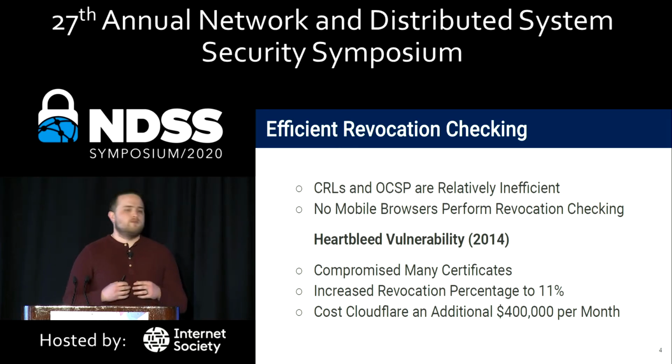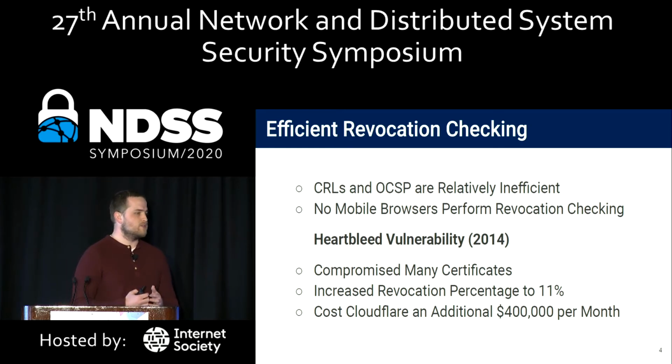There are a couple of primary concerns with these traditional revocation methods. The first is efficiency. CRLs and OCSP are relatively inefficient mechanisms. They are so inefficient, in fact, that no mobile browsers currently perform revocation checking.